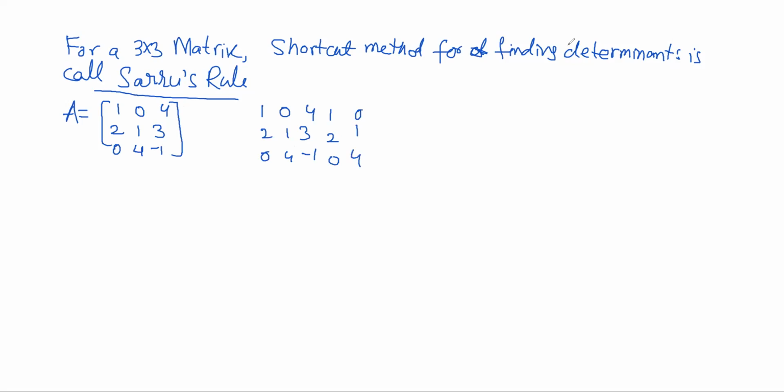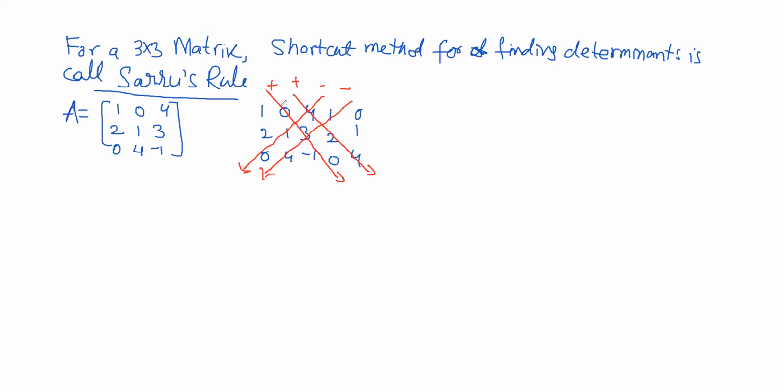For the Sarrus rule, now you will multiply these factors in the form of these diagonals, these 3 factors, and then you will subtract these factors in the form of the other diagonals. Then we will see that we get the same answer.